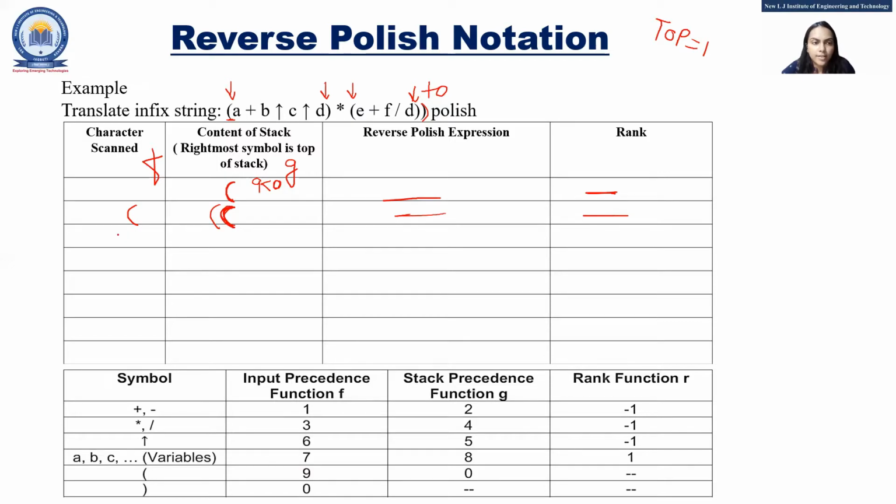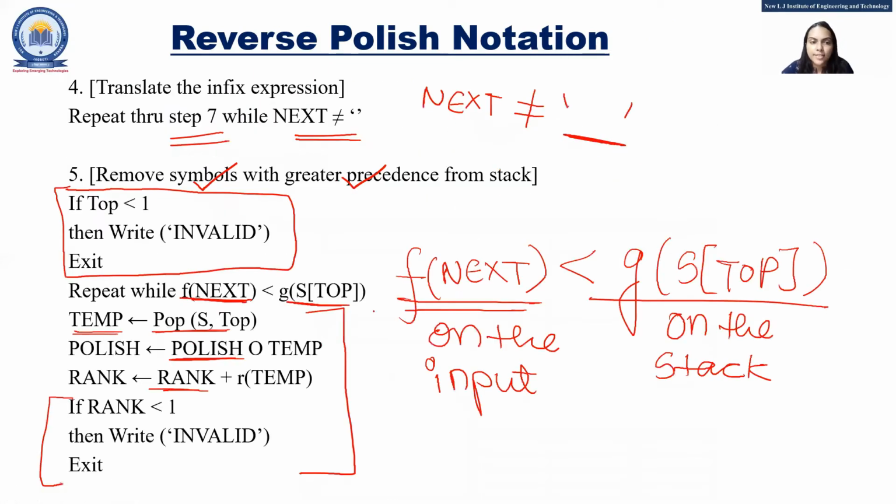Next character is A. Now students, we need to compare the top of the stack with A. What is G of opening braces? G of opening braces is 0. And what is the F of A? F of input A is 7. Is 7 less than 0, students? No. F of next, which is 7, is not less than 0.